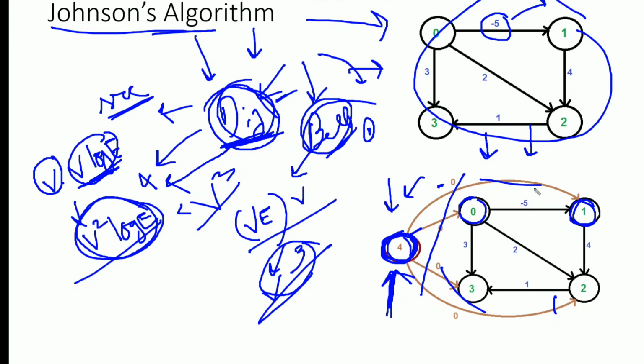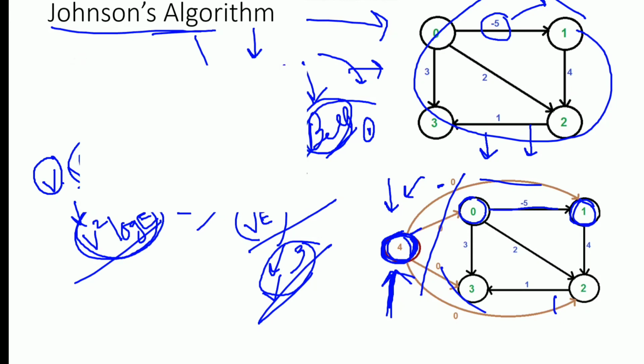But this time, in each edge we need to apply a formula. The formula is: original weight of the edge plus distance value of vertex u, which we have obtained using Bellman-Ford algorithm, minus distance value of vertex v.